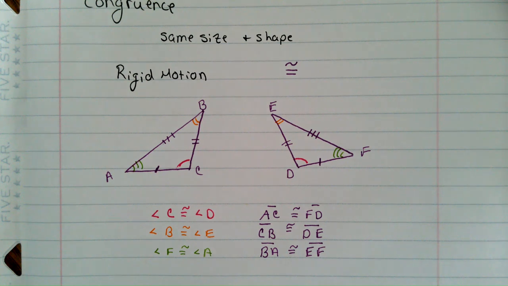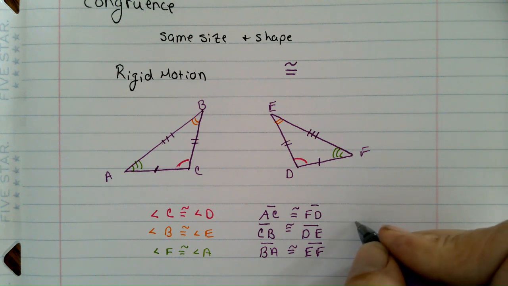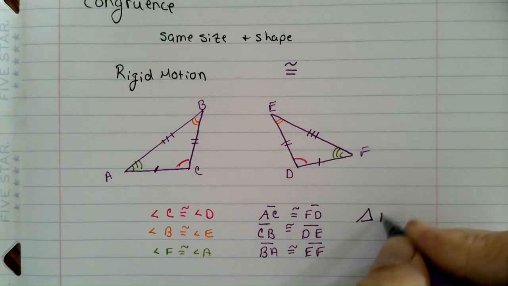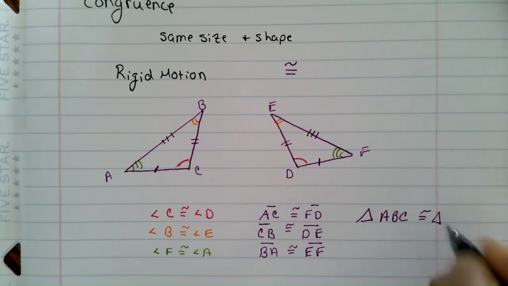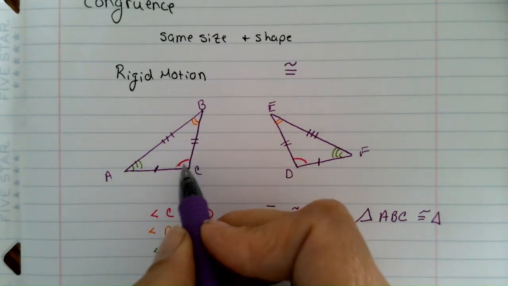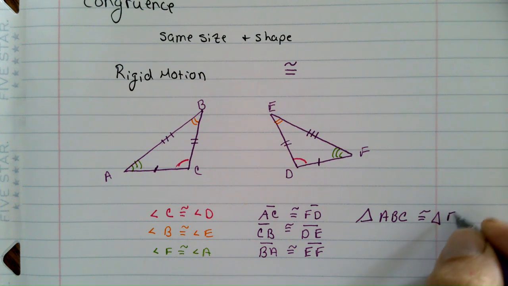So when we're doing these, I often call it a transparency. Get a transparency, use it, cover up your book, things like that, so that you can see this. So if I went triangle ABC, that would be congruent to triangle. Now see how I went from green to orange to pink? I have to go from green to orange to pink.